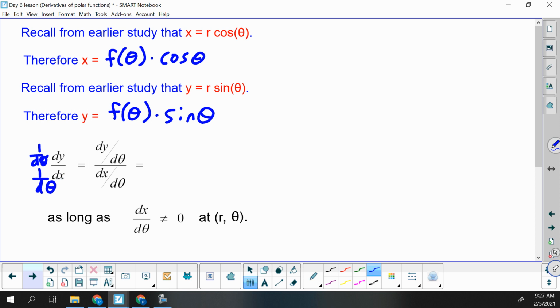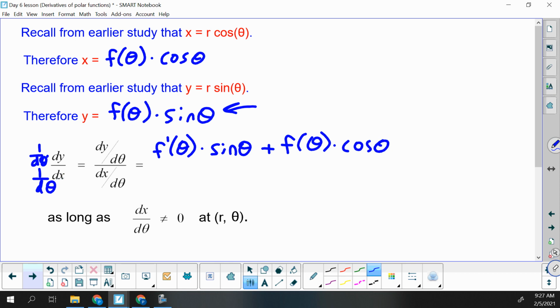So let's do the derivative of our y with respect to theta. We would get f prime of theta times the regular sine theta plus, because we have to do a product rule, regular f of theta times the derivative of sine, which is cos of theta. So that's the derivative of our y part.